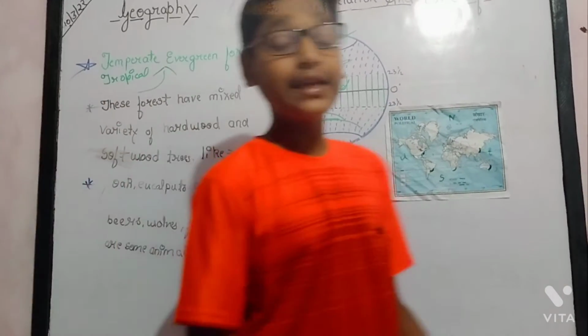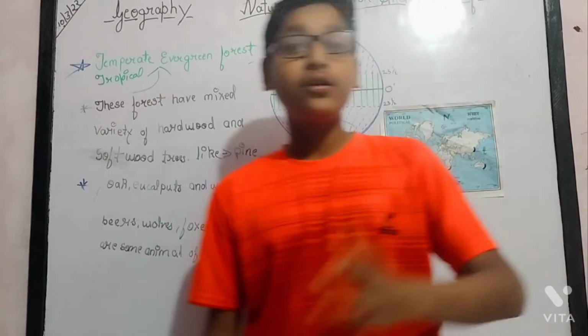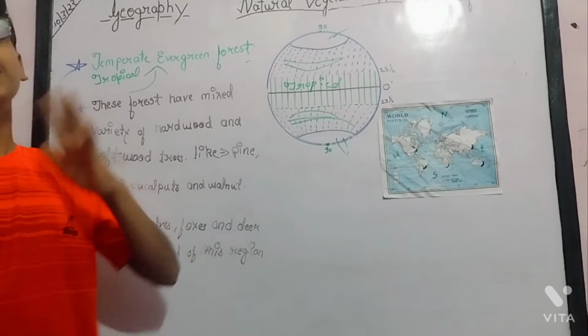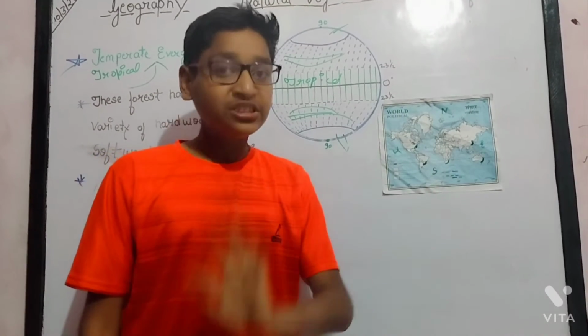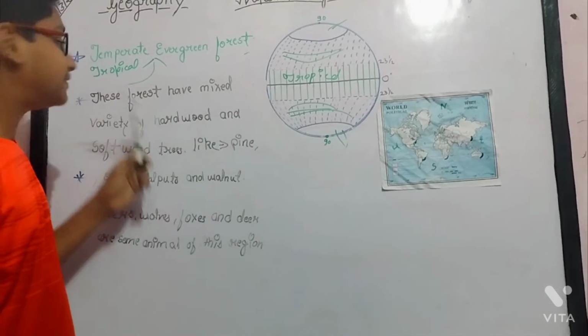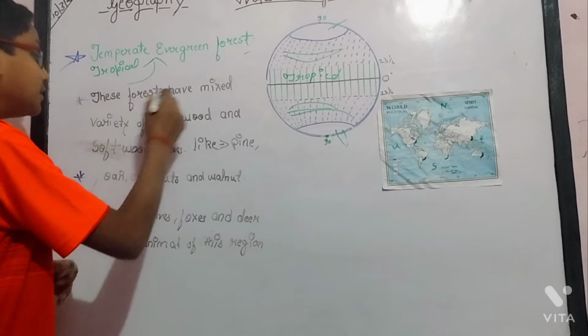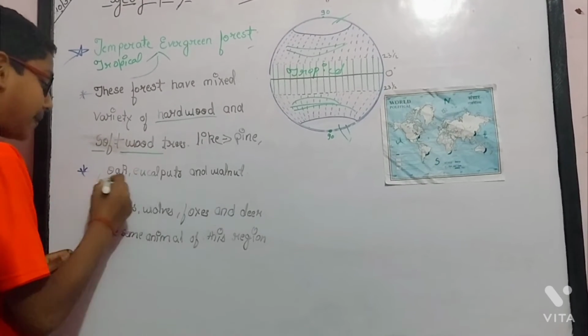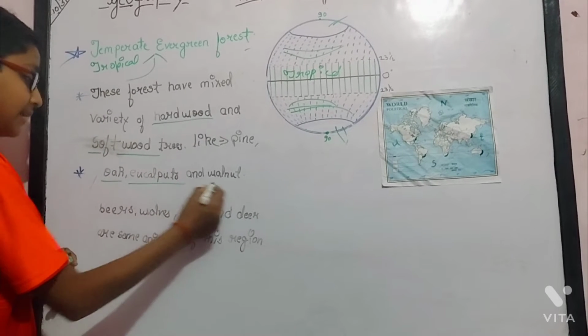We have understood the location of temperate evergreen forest. Now let's see the wildlife and the vegetation of these forests. Firstly, vegetation. These forests have a mixed variety of hardwood and softwood trees like pine, oak, eucalyptus and walnut.